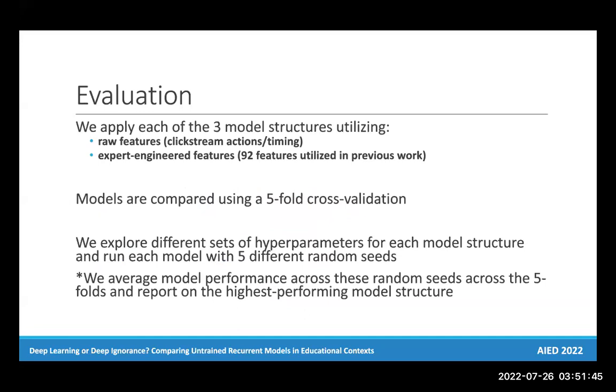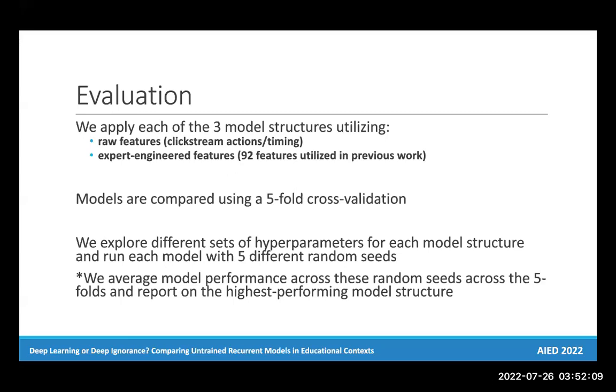And we ran each model 5 different times with different random seeds within that cross-validation. So we are running a large number of models, and we're averaging the model performance across these random seeds within the 5 folds. That's important to note, because what we're trying to establish here is the expected performance of these random models.